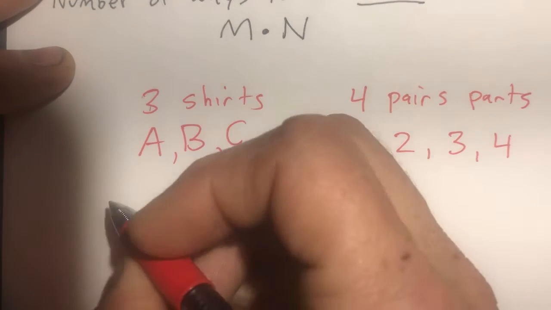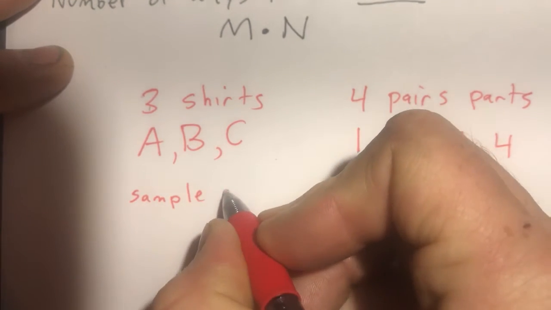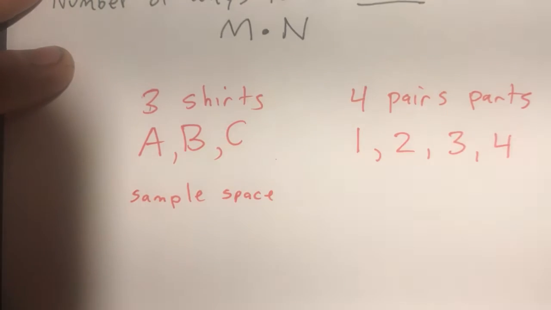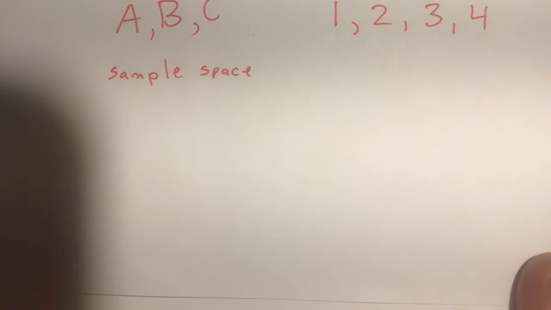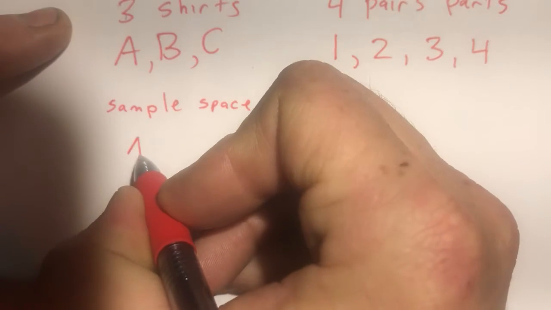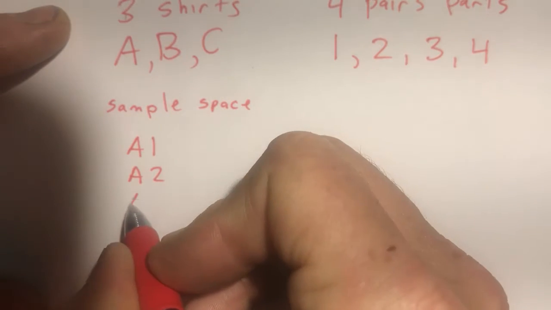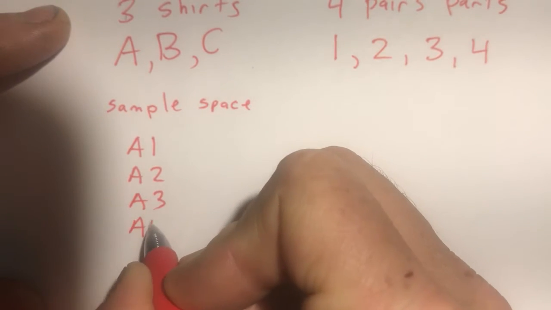But if I draw out the sample space, which is all the possibilities that he could wear, he could wear shirt A with pants number 1, A with 2, A with 3, and A with 4.